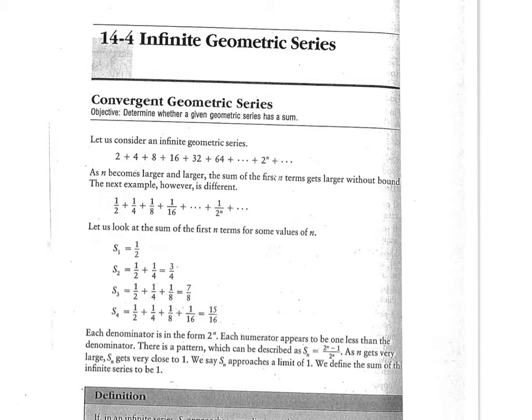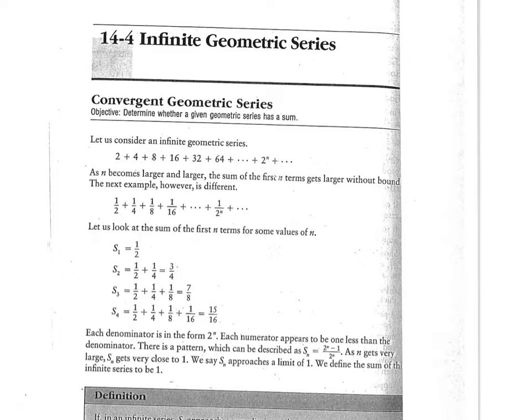If you're going to do calculus, you're going to see limits right off the bat. So the way you can tell whether or not a geometric series converges to a value is to take a look at the common ratio, and if the common ratio is between -1 and +1, it'll get small. It'll converge to a value.